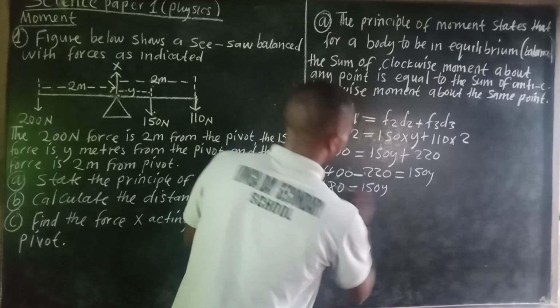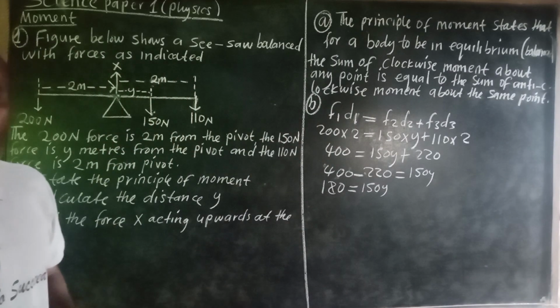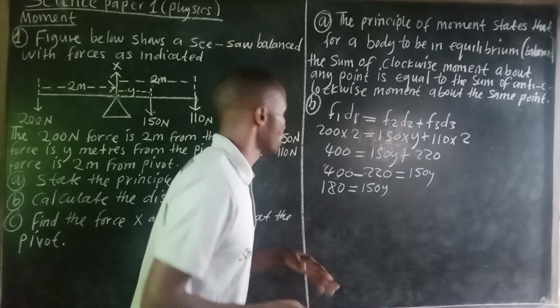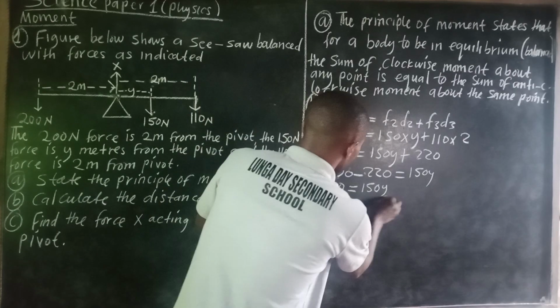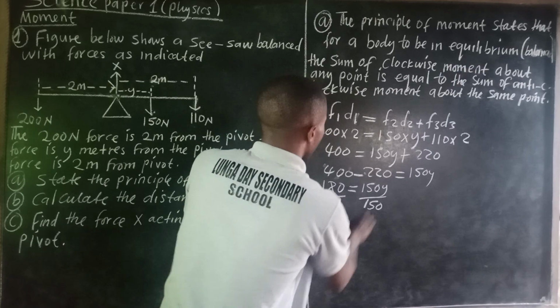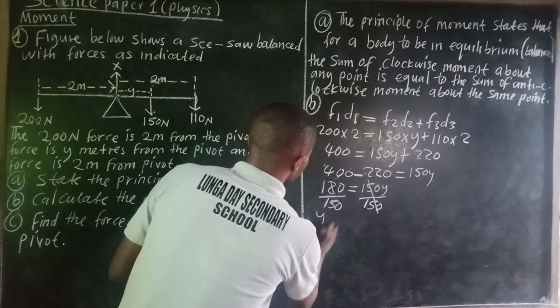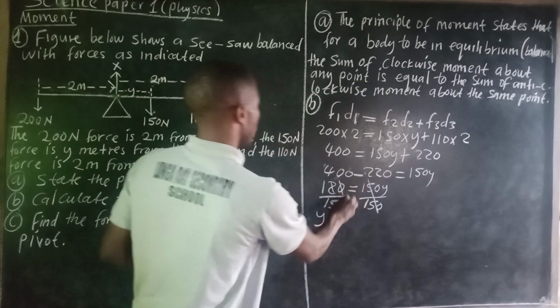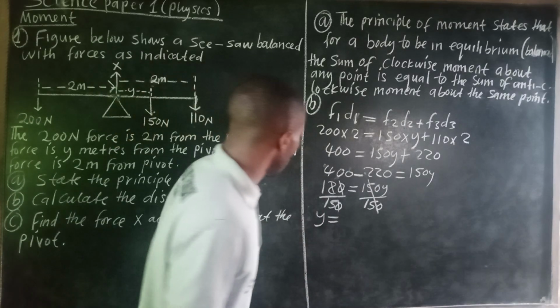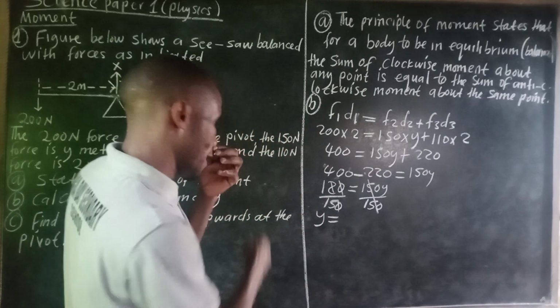Since we want to find the value of y, we are going to divide both sides by 150. So y is equal to 180 over 150. Maybe we can look for a number that can go into 18 and 15.